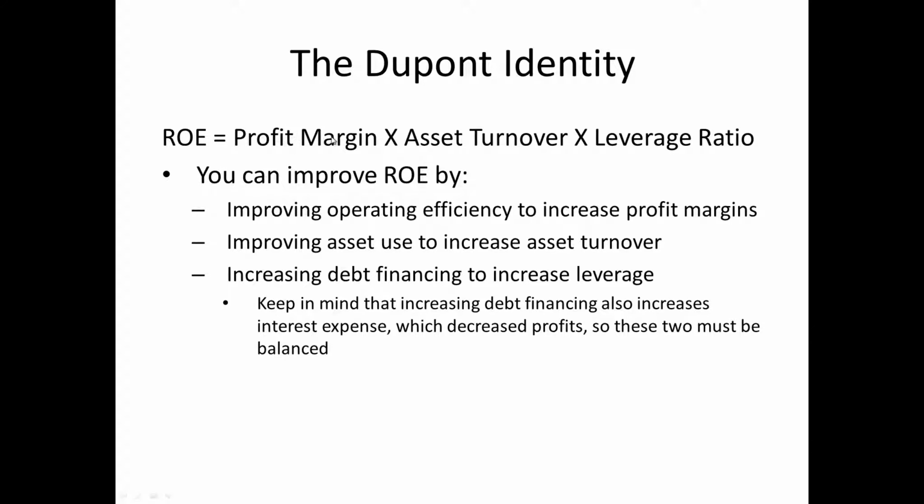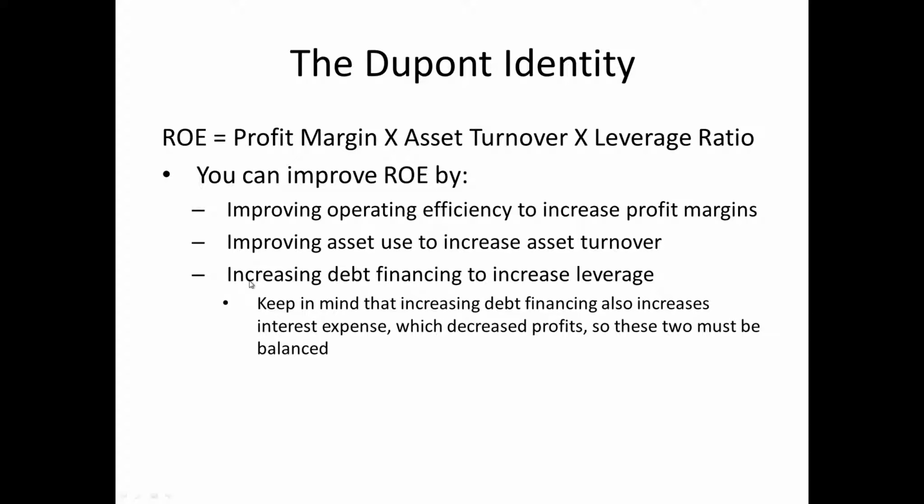Same thing if the leverage ratio is good, but your asset turnover is not good, then you need to improve your asset turnover. And remember, as we talked about with the ROA, that could come from getting better productive assets or better sales out of our assets, maybe selling the assets that are non-productive. Or maybe those are both in line, but I just have a very different leverage ratio than the rest of my competitors, higher or lower.